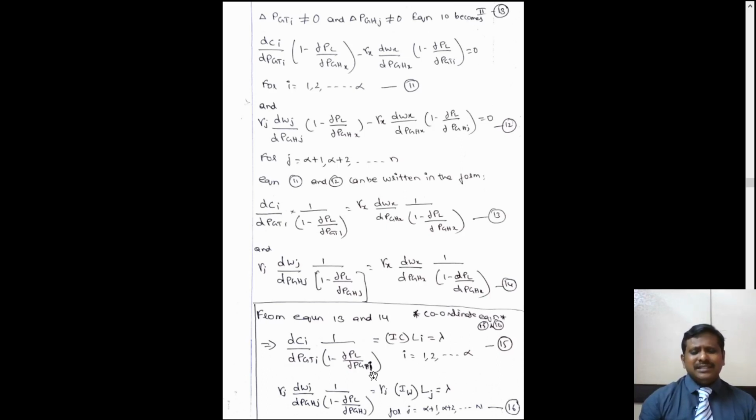So these are the main equations for unit 1 and unit 2. Since here we are having the hydro, this equation becomes gamma j dwj by dpghj into 1 by 1 minus dou pl by dou pghj. Okay, next.